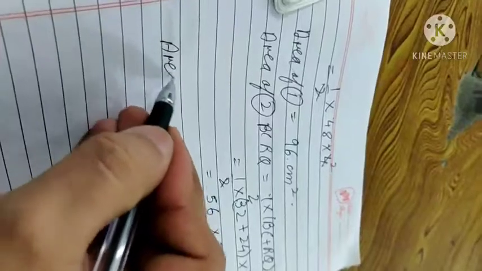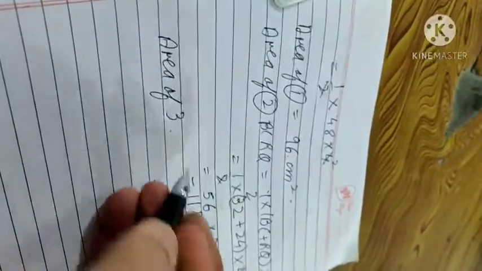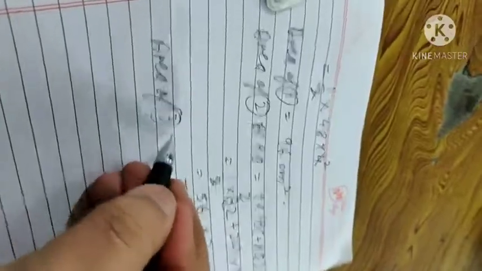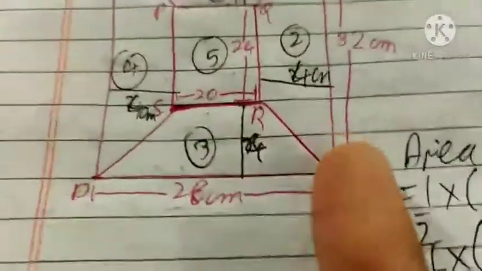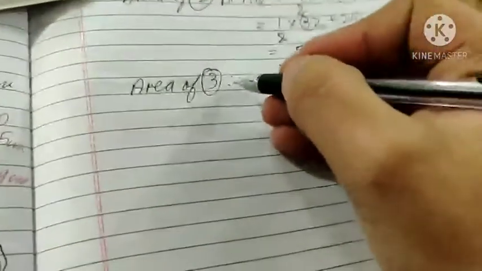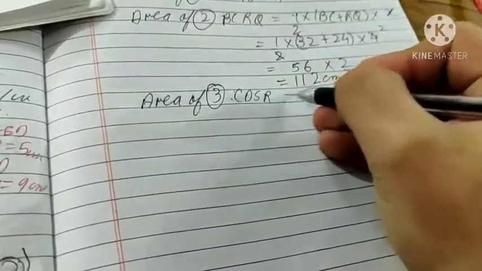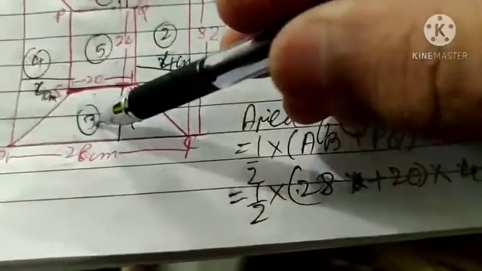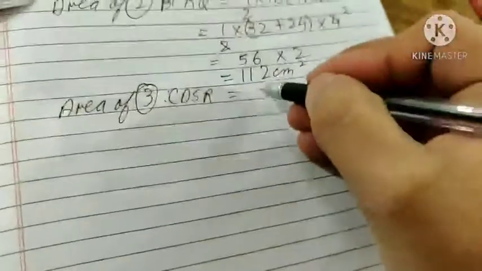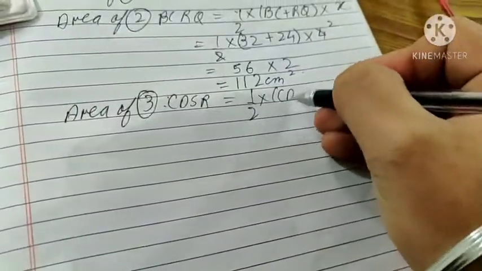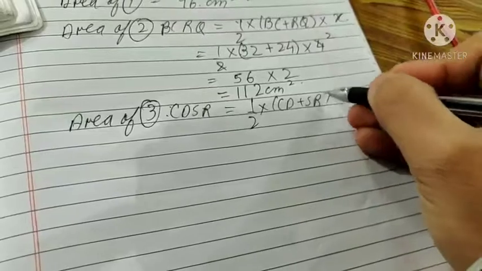So area of 3, that is CDSR. It is also a trapezium here with its parallel sides CD and SR. Half into sum of parallel side, that is CD plus SR, into distance between the parallel side, that is again x.